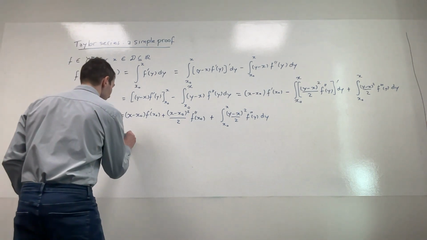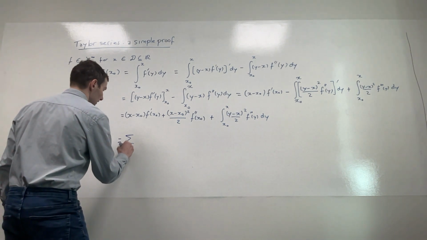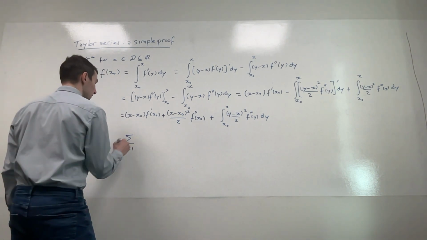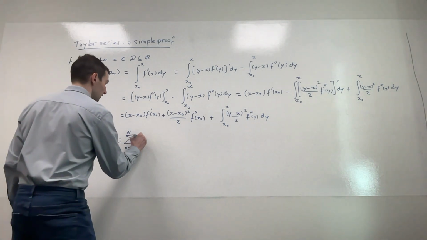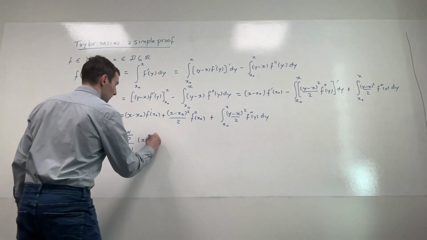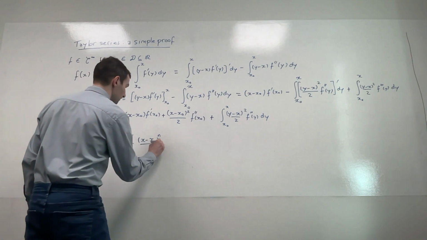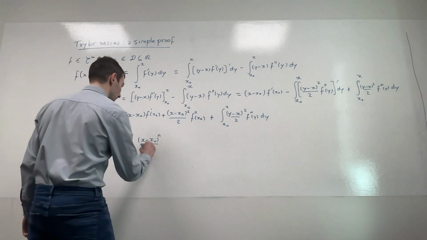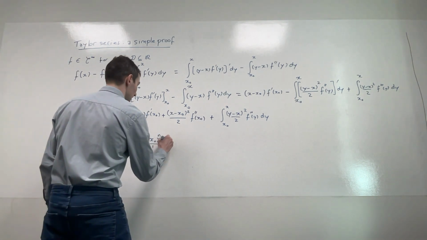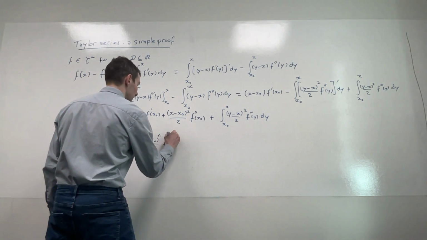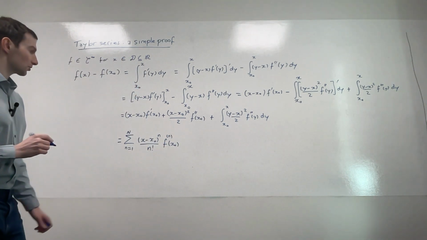You're going to get the sum, let's say for n equals 1, from 1 to n, of (x minus x naught) to the power n divided by n factorial, and then you're going to get the nth derivative of f evaluated at x naught.